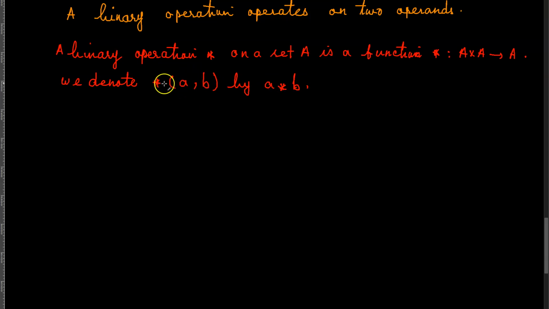Now, star can be any sort of mathematical operation that you might have, and then you can define whatever you want using this concept of binary operation.